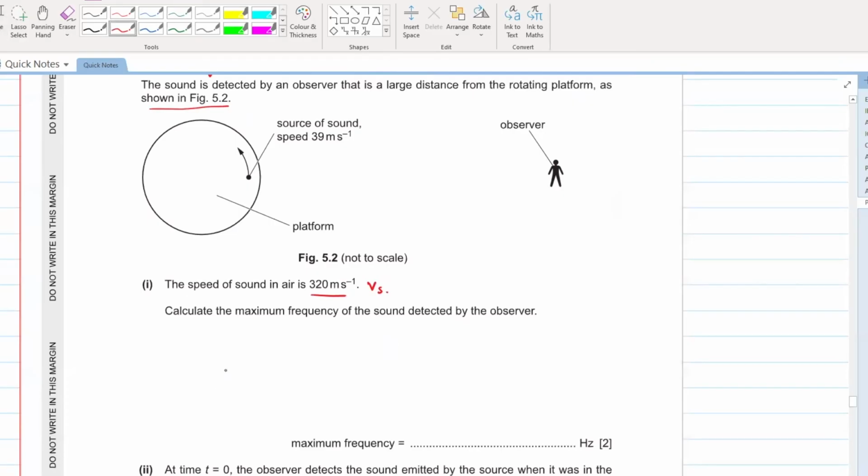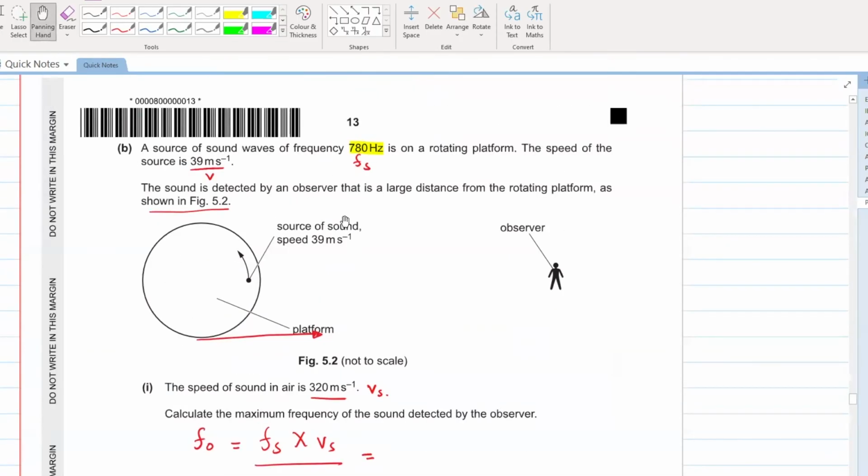How can we calculate that? The maximum frequency will be observed when the sound source is moving towards the observer. Beta, when this sound source is moving towards the observer, you will observe the maximum frequency. And the formula for frequency observed when an object is moving towards you is frequency of sound multiplied by the speed of sound divided by the speed of sound minus the speed of the object.